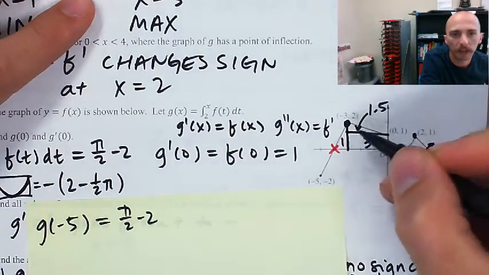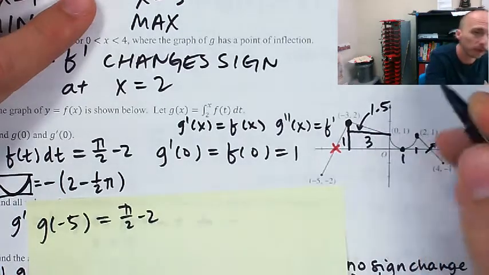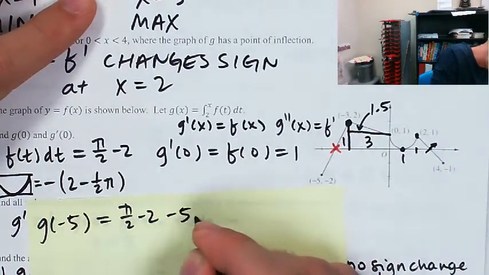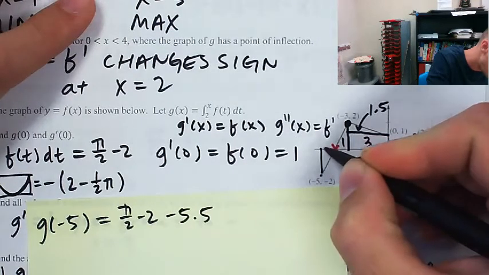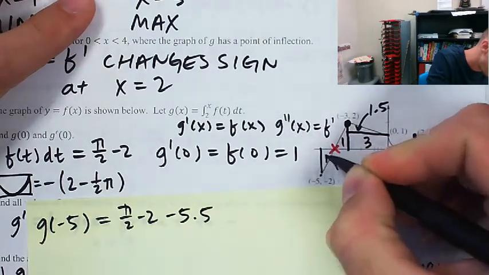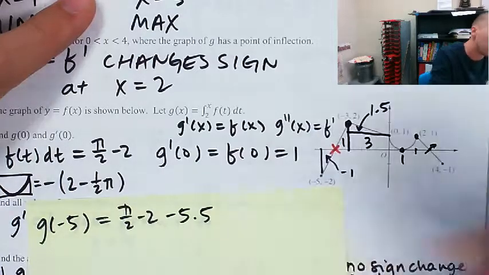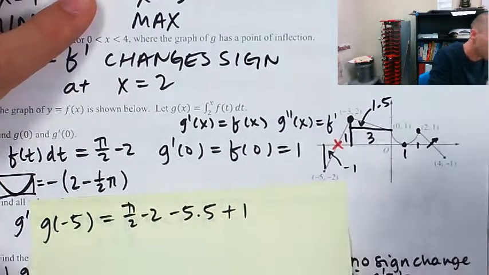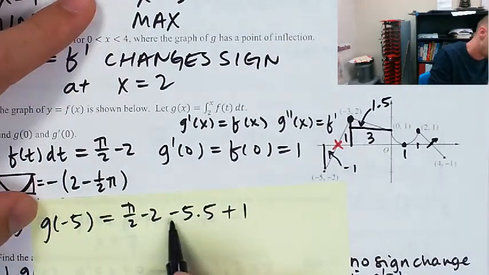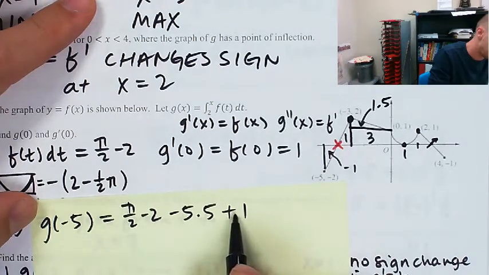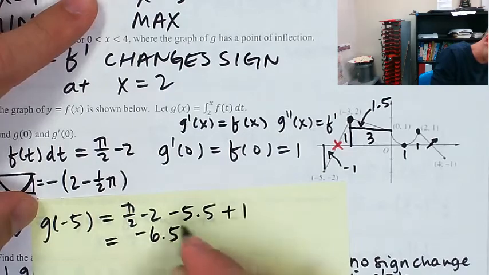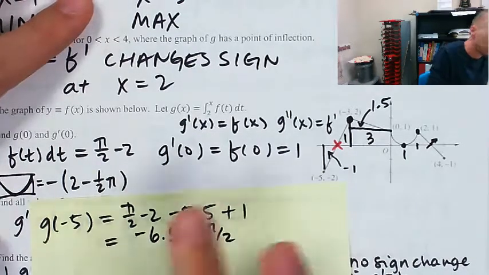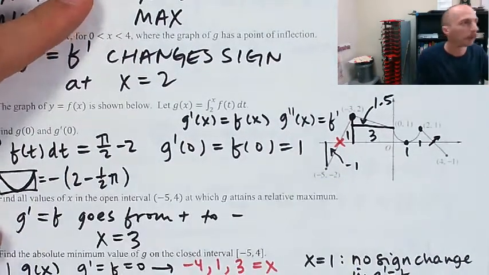So I have 3, 4, 5.5, so I'm going to have to subtract 5.5. And then I'm going to add back, this one would be width of 1, height of -2, so that would be a -1, but I'm going to have to subtract -1, so I'm going to be adding 1. All right, so -7.5, -6.5 plus pi over 2. Okay, well, we'll put that in.